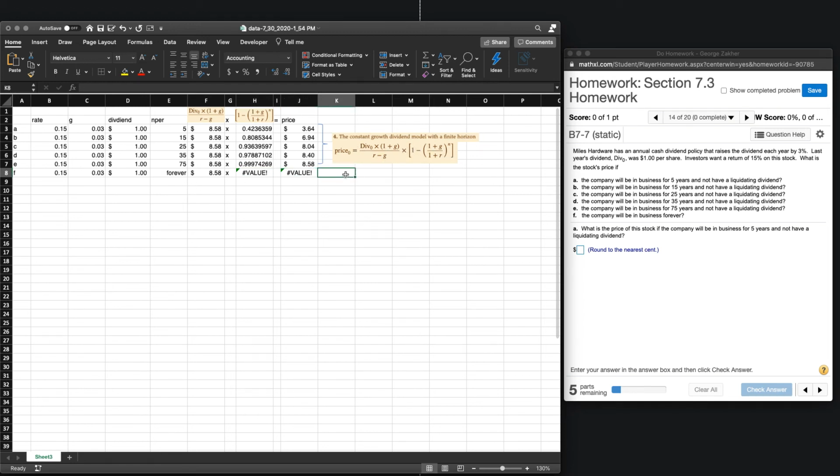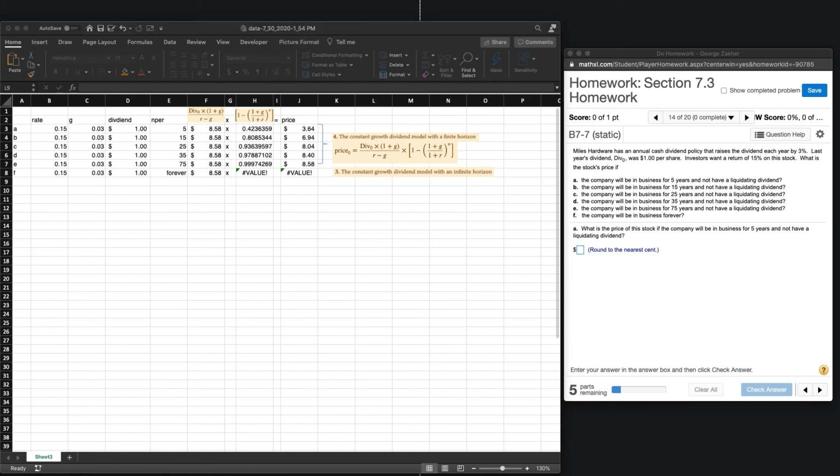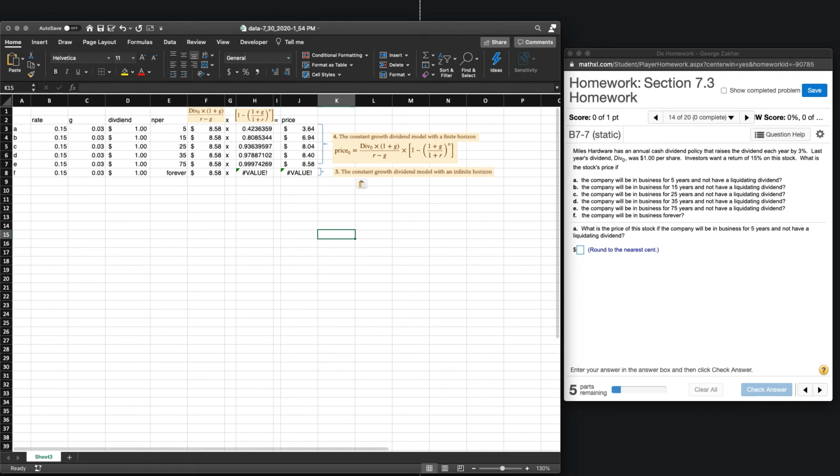If we want to be very precise, we use this for F because it's forever, so it's infinite versus the finite that's from A to E. Gordon's model will look very similar to the first part, but it doesn't take into consideration the number of years. I said forever here, but basically what that means is it's just the 8.58.